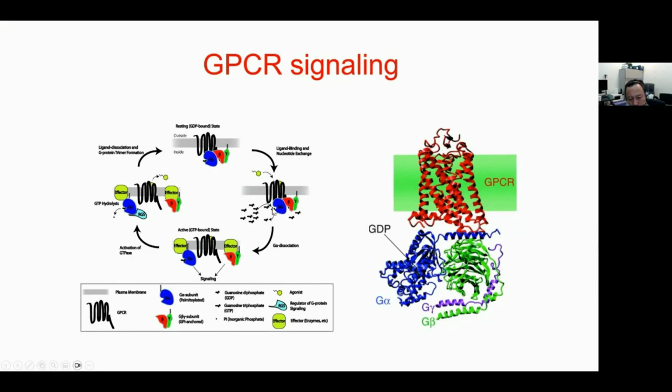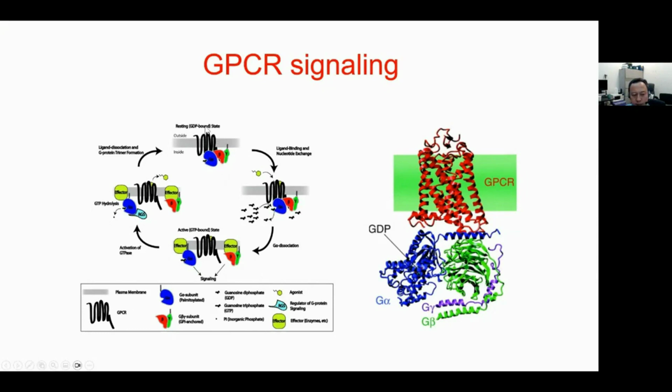So then this G protein is activated, and it will separate and send the signal to the effector to activate the downstream pathway. Once it is done with its activation, it will do hydrolysis, so GTP goes back to GDP. Now it goes back to the inactive state and associates with the apo form of the receptor. So that's what has been suggested.